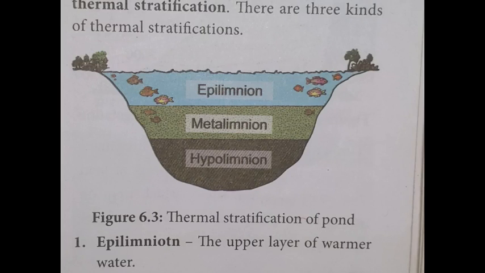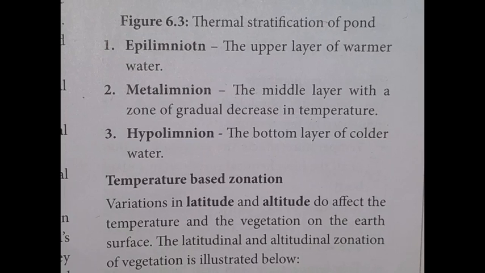They are epilimnion, metalimnion, and hypolimnion. In the epilimnion, the upper layer of the pond is warmer water. In the metalimnion, the middle layer has a zone of gradual decrease in temperature. Hypolimnion is the bottom layer of colder water. So the bottom layer of a pond is cold water.